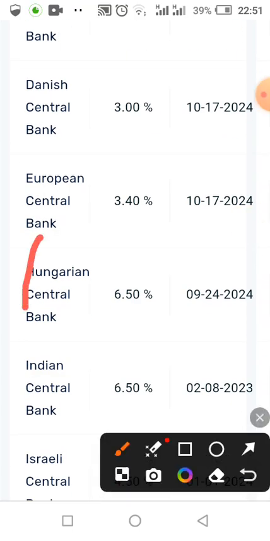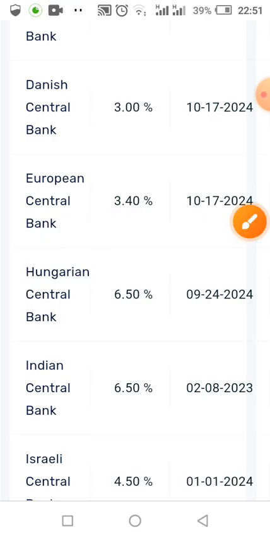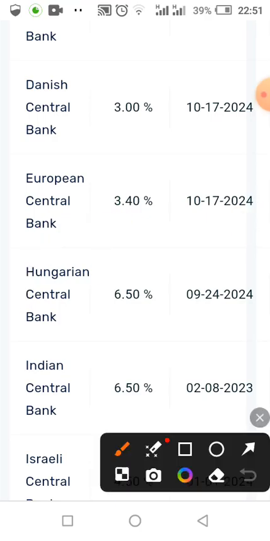And then another example, for the European Central Bank, you can see it's 3.4%.